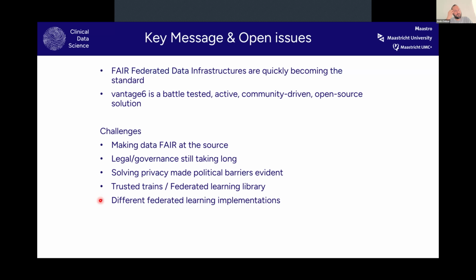We have one project where we want to integrate Vantage 6 with DataSHIELD, with Cafe Variome, I think it's called, and so there are 25 different implementations of federated learning, and hopefully we can at some point integrate with them. That's my quick introduction of Vantage 6, and hopefully I've been quick enough to keep some room for Stelios and then questions. Thank you.